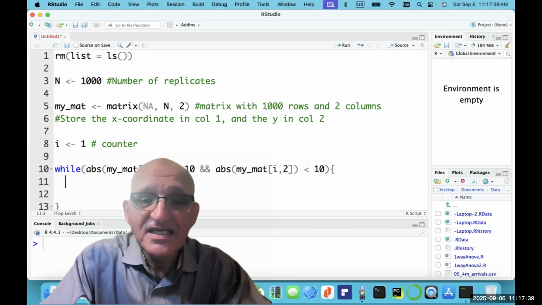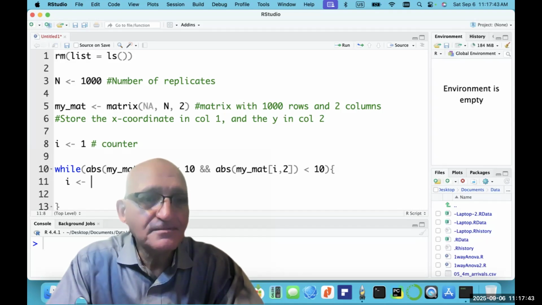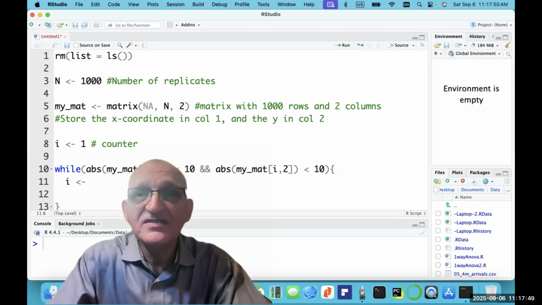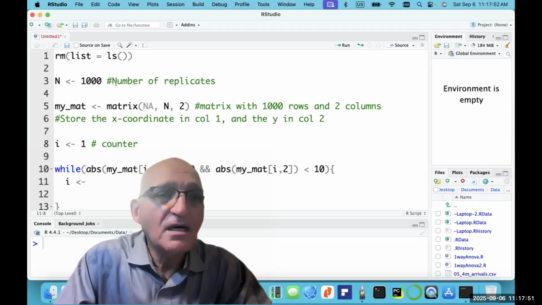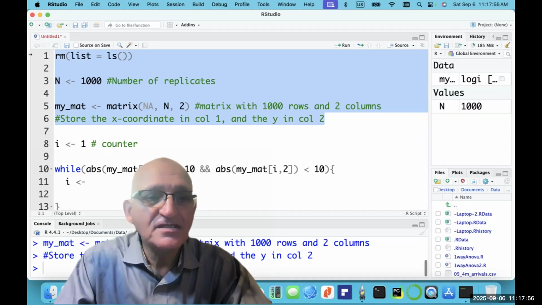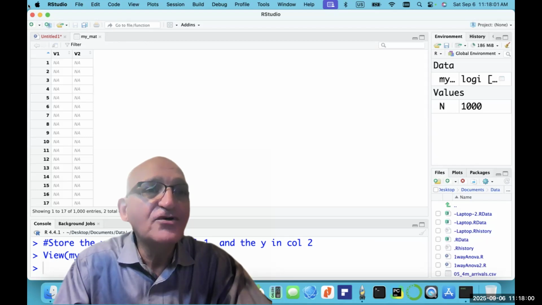So I have to say increment I first, right? Because if I leave it, I can leave it, but it won't show me 0 and 0. I want to leave the 0 and 0 here. Let me show you what I mean. Let's run this. Notice when I run this, I start with the first value.